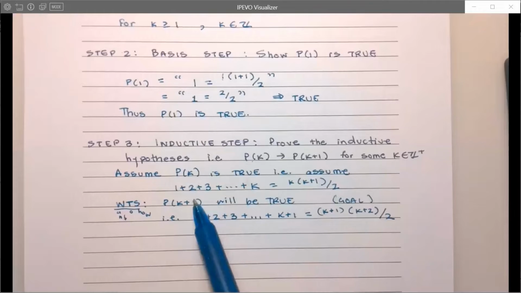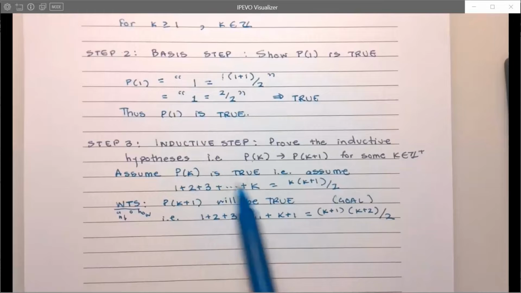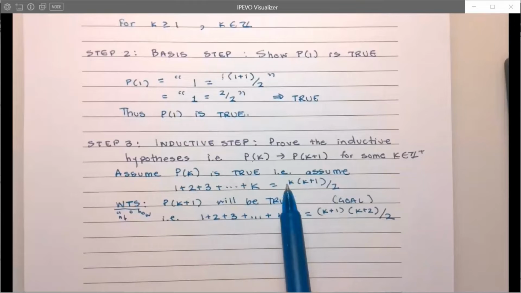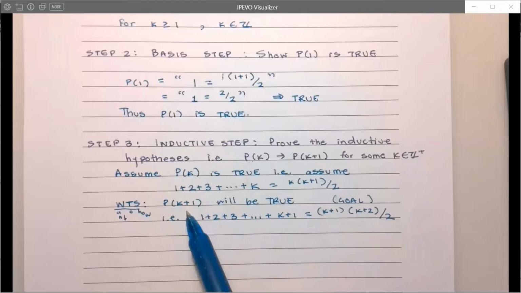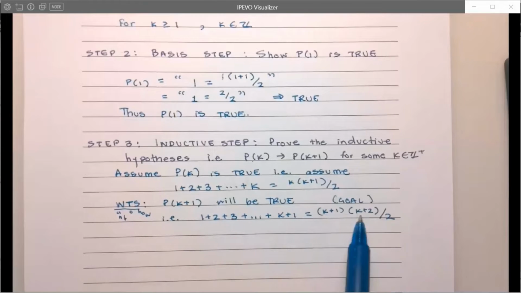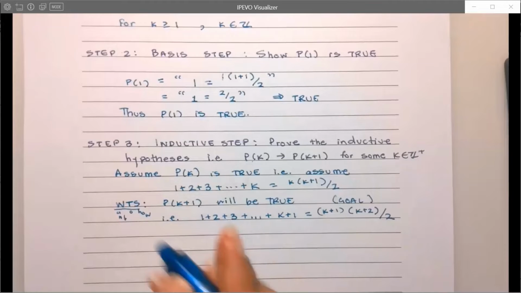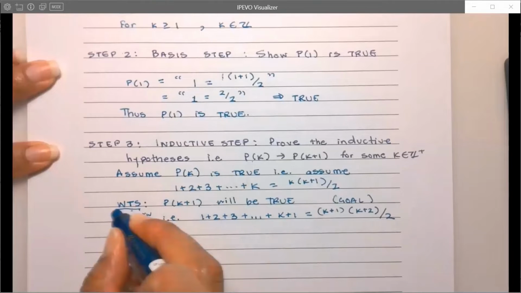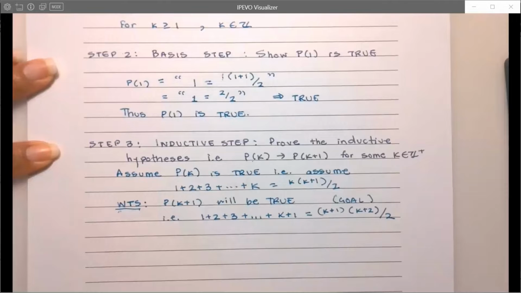So it'll be the sum of the first k plus 1 integers, and the result should be equal to k plus 1, because we're replacing k with k plus 1, and then k plus 1 will give us k plus 2. So that's our goal.